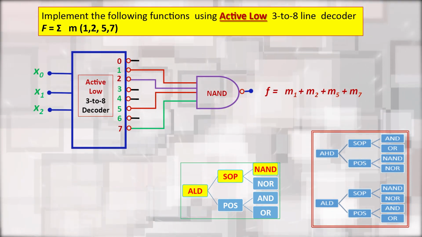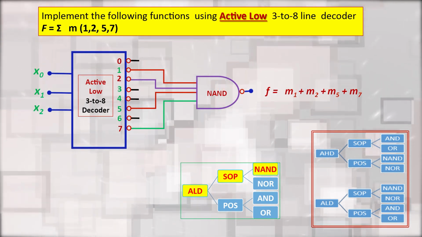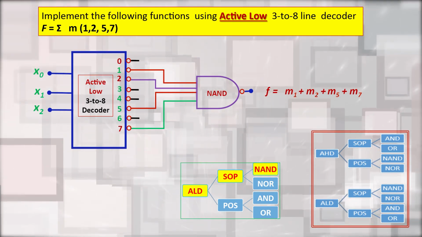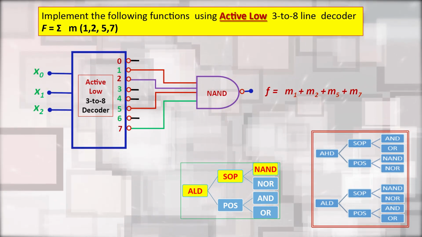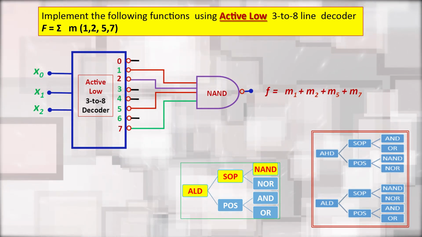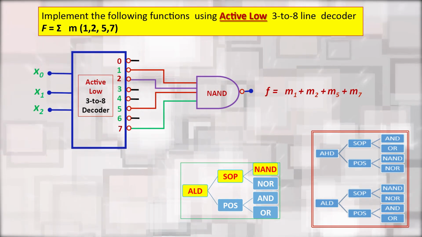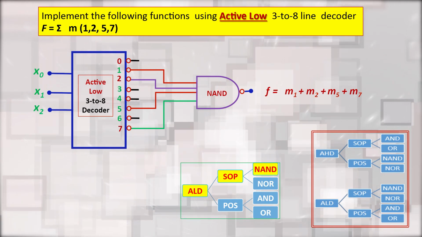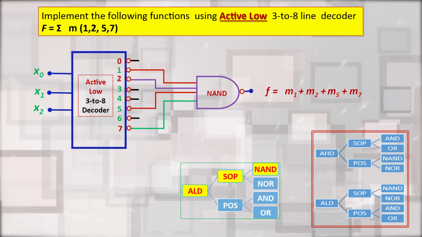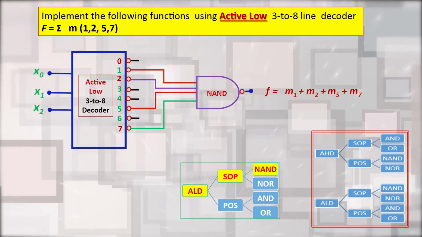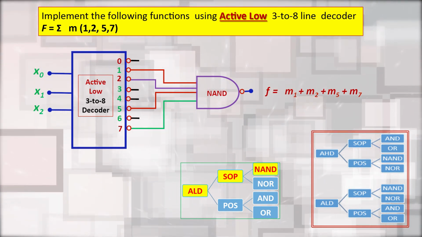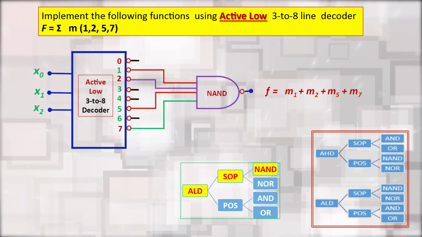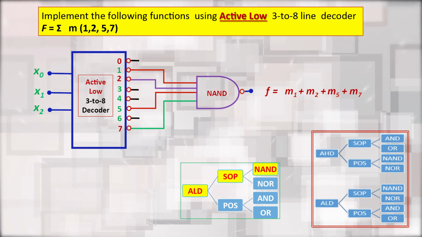Active low means all the output lines of the 3 to 8 decoder will have bubbled outputs. So, for the SOP equation we use a NAND gate, and all the output lines 1, 2, 5, 7 are connected to the NAND gate to realize this function.